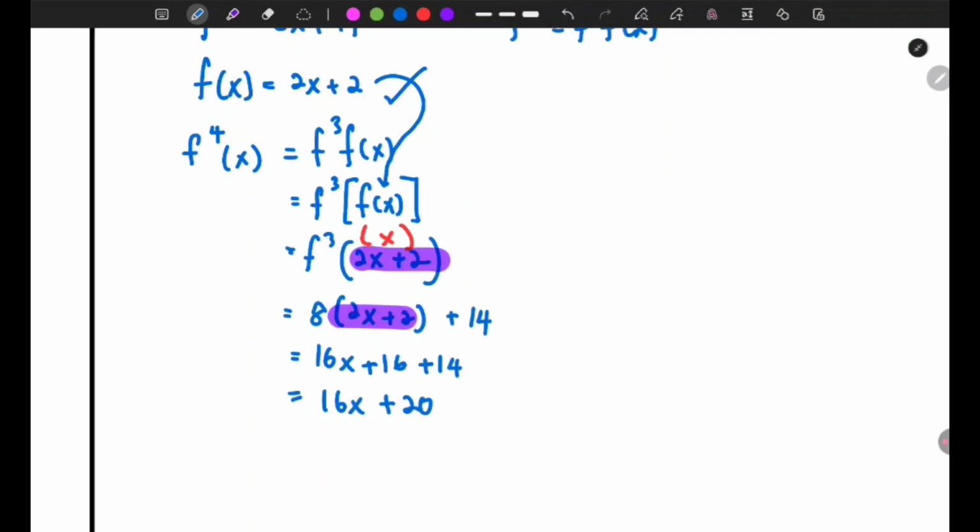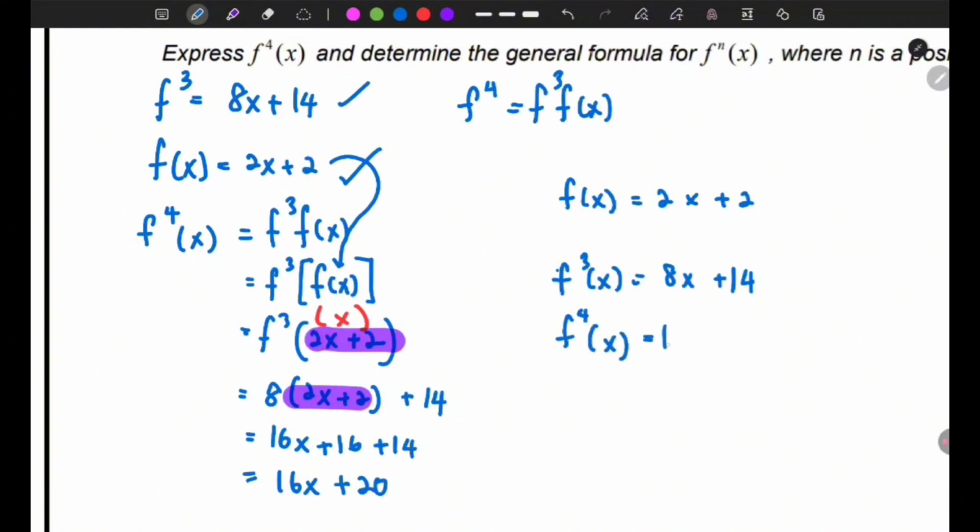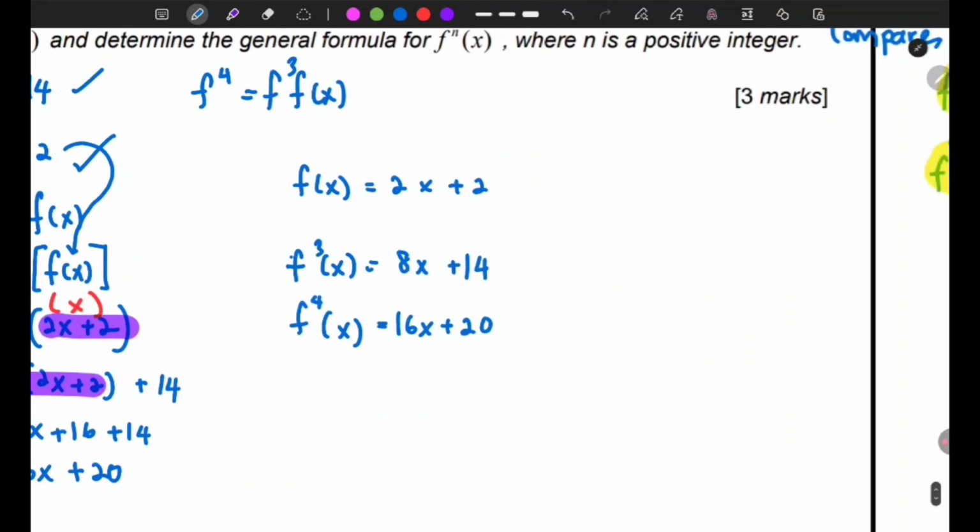So here you go. I have my f(x), which is 2x plus 2. I have my f cubed of x, which is 8x plus 14. I have my f to the power of 4 of x, which is 16x plus 30.